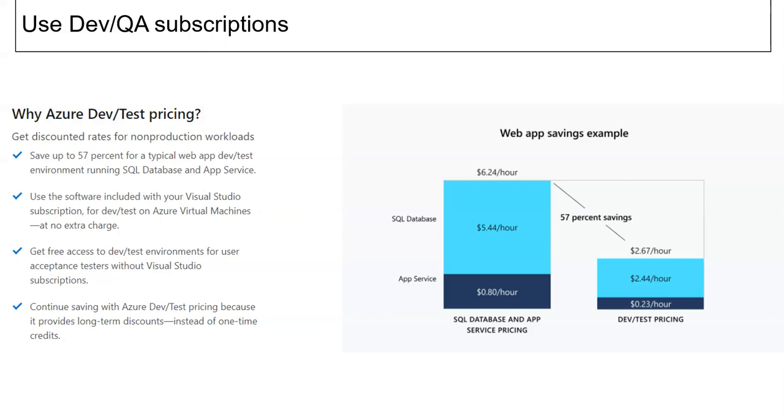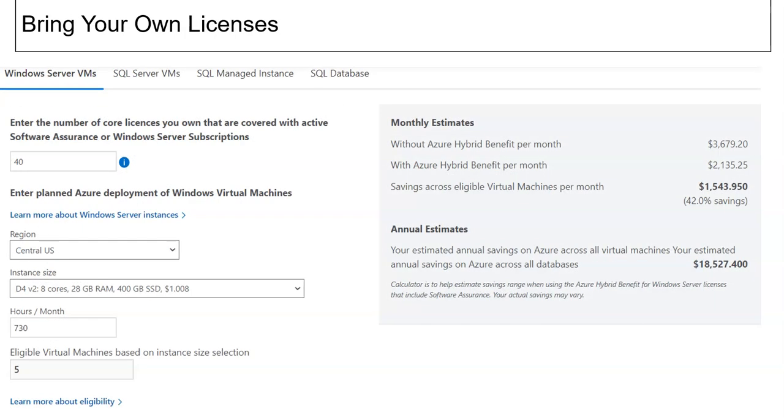So moving on, bring your own license. In case you already have on-premises servers like SQL Server or Windows servers, you can utilize them to get a huge amount of discounts when you are deploying those same workloads onto the cloud.